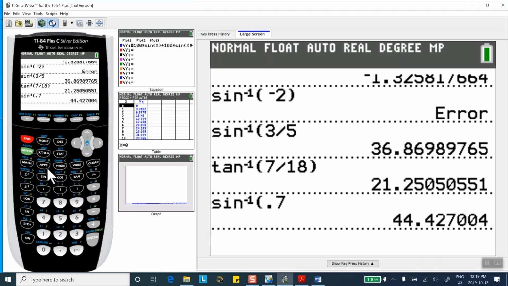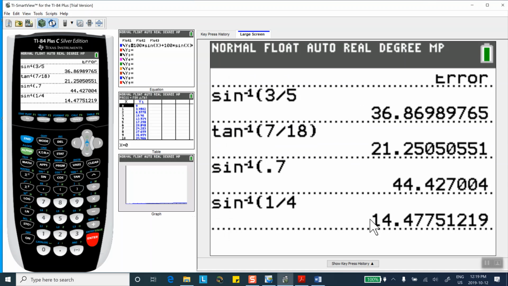Second, sine inverse 1/4 or 0.25. So if I round it to the first significant figure, one digit, it is going to be 14.5 degrees.